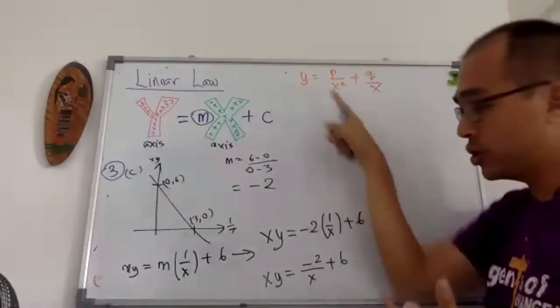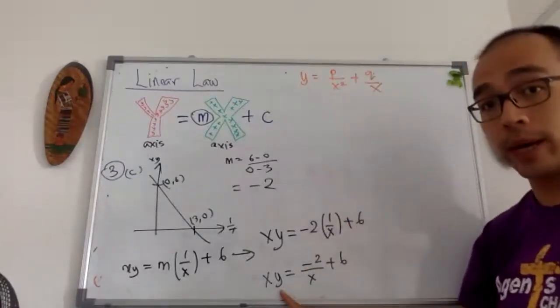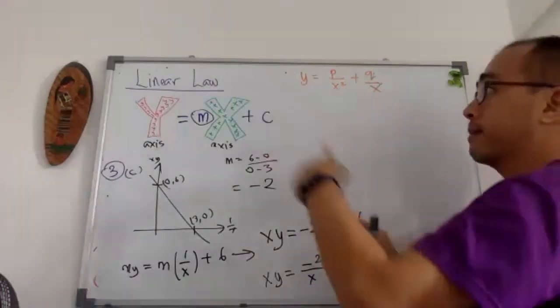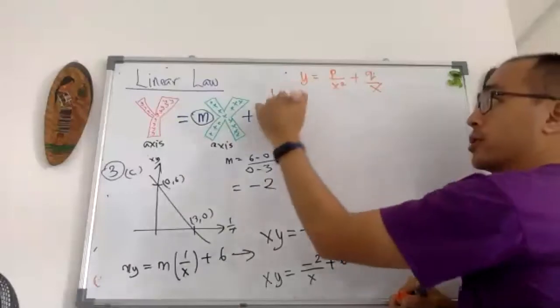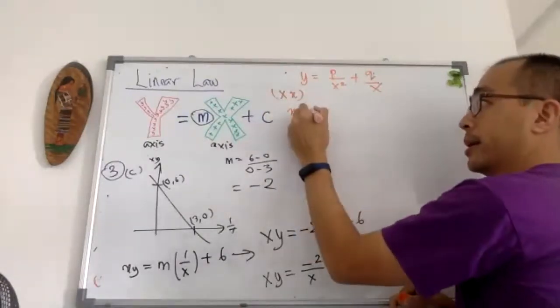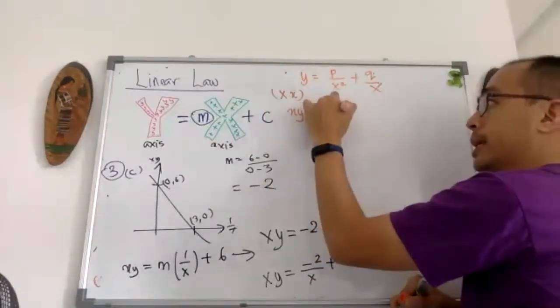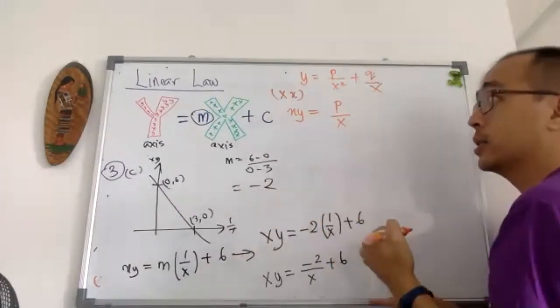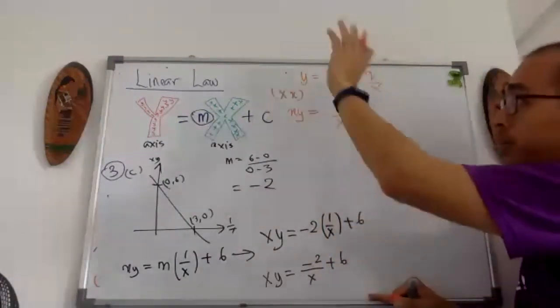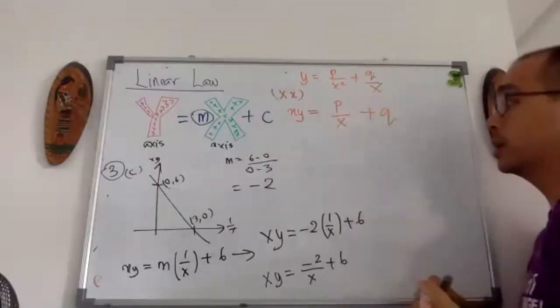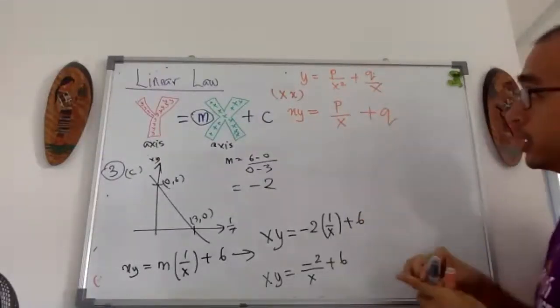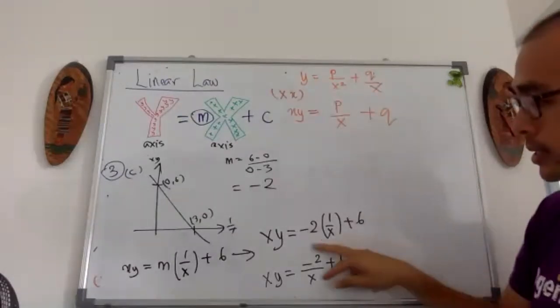So in order for us to change from y to become xy, okay, we need to multiply everything by x. Okay, so that this one become xy. This one will become p over x. Okay, if you need something to figure this out, you can figure this out later, and then this will become q. Okay, now take a look at this and take a look at this.